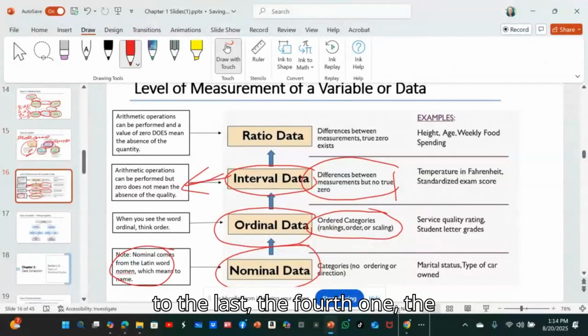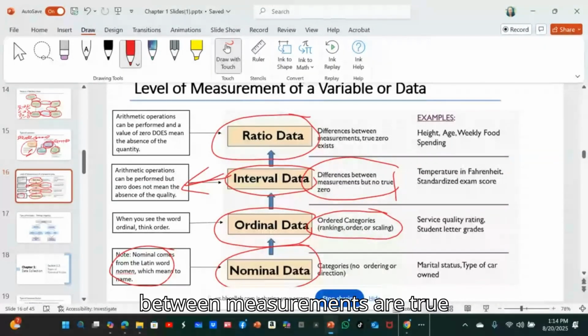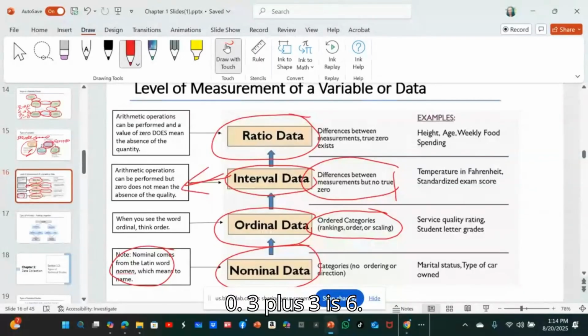Okay, so we come to the fourth one, the last measurement of data, the ratio data. In ratio measurement, the differences between measurements are through zeros. 3 minus 3 is 0. 3 plus 3 is 6.